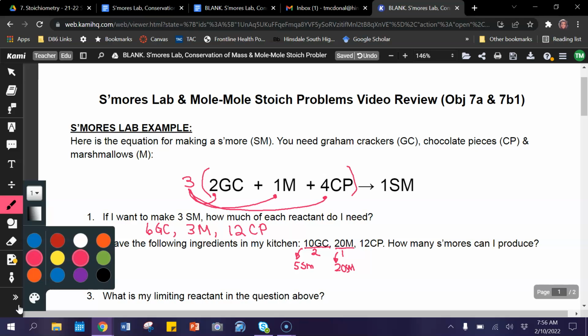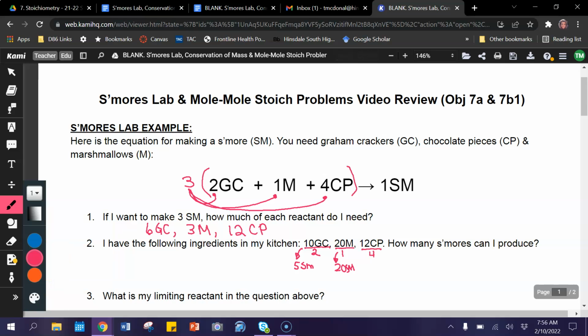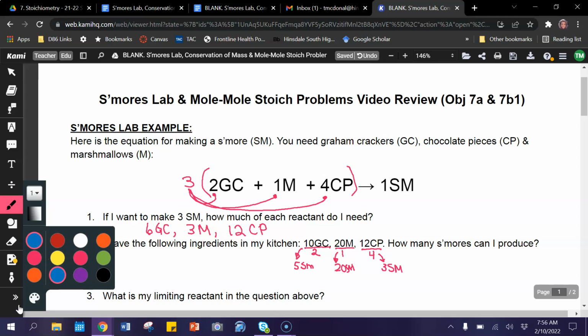For my chocolate pieces, I need 4 chocolates for every s'more. So if I divide 12 by 4, I can make a total of 3 s'mores. So if I take a look at my values here, I can make 5 s'mores with 10 graham crackers, but the problem is that I don't have enough chocolate pieces.